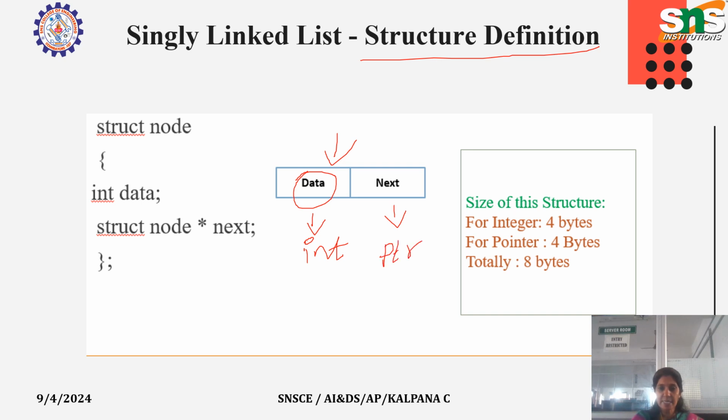So int and pointer, these two are different data types. When we talk about different data types, we obviously go with a structure, so I have created a structure for this node to keep track of two different data types.